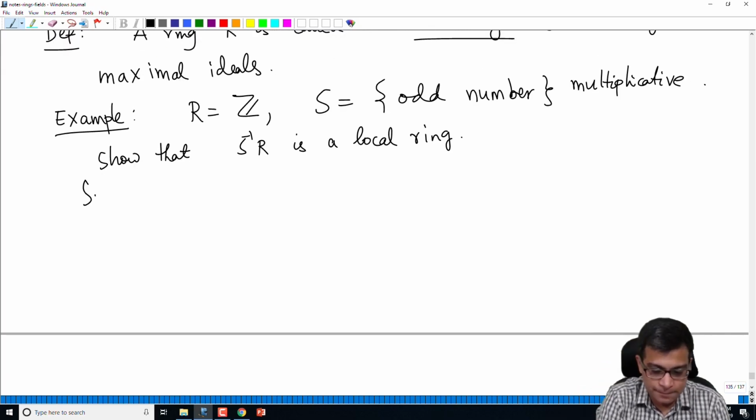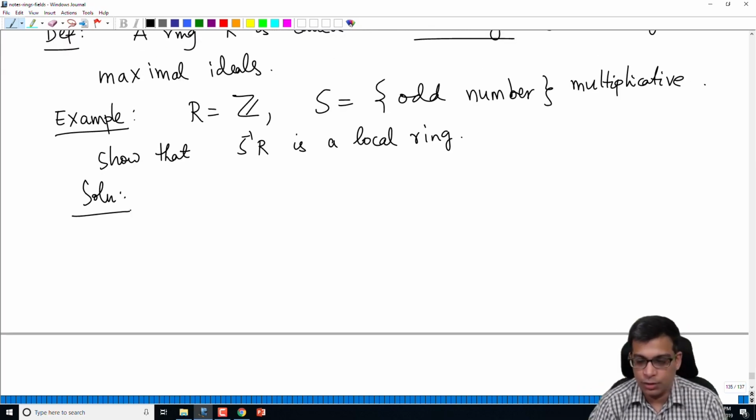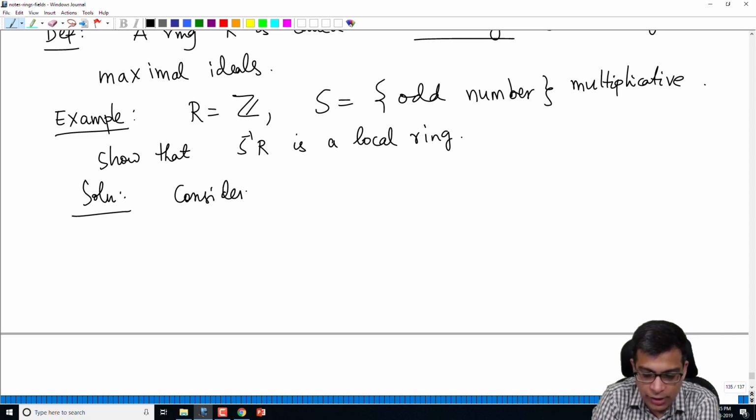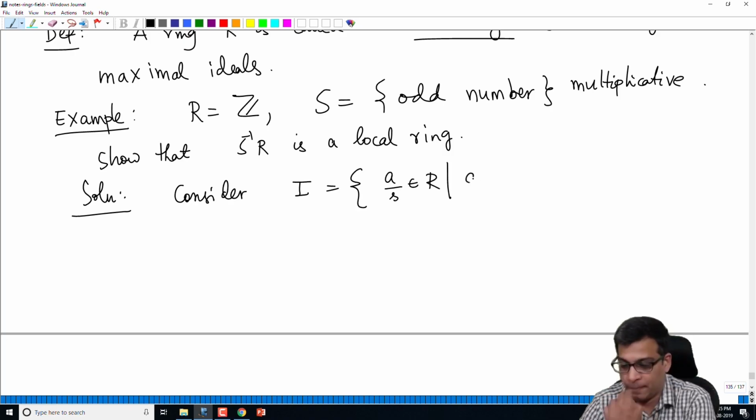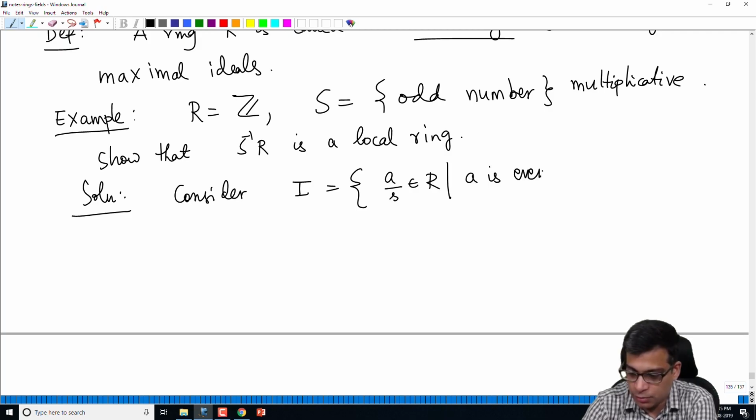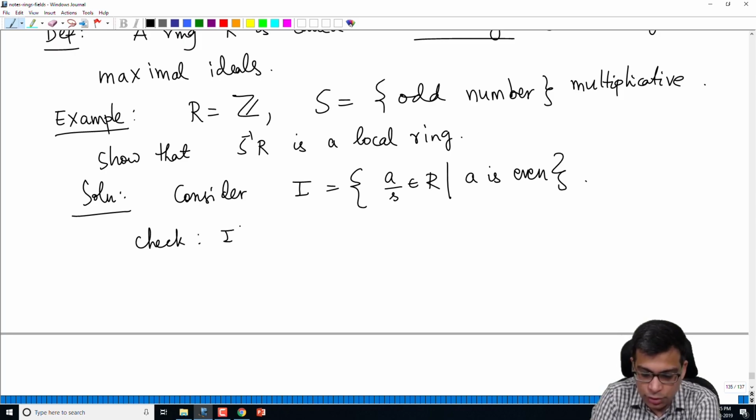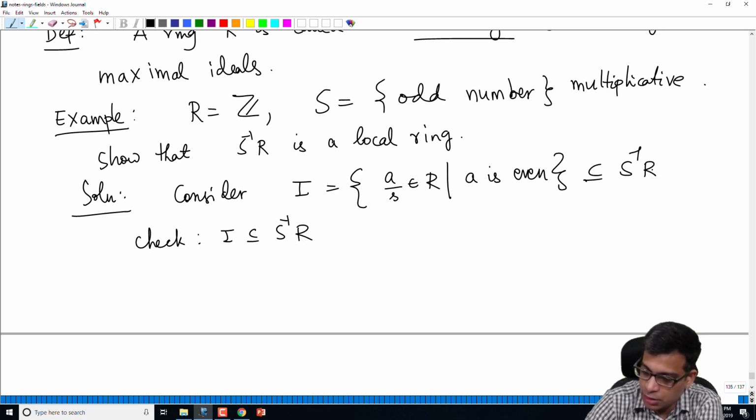Why is this? First of all, consider the following set I in S inverse R: A by S such that A is even. One can check that I is an ideal of S inverse R. It is a subset of S inverse R, and it is in fact an ideal.